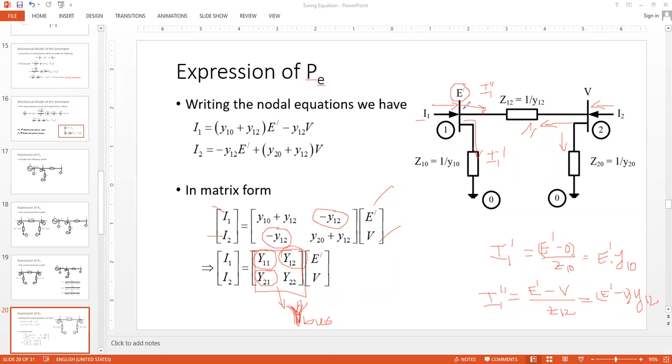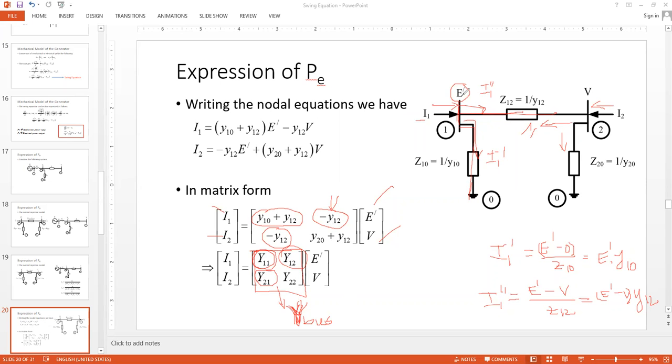So if you look at node number 1, what should be the Y11 element for the Y bus? Two branches are there, so you simply add the branch admittances Y12 and Y10. The off diagonal elements, how do you calculate them? Simply take the negative of the branch admittance.